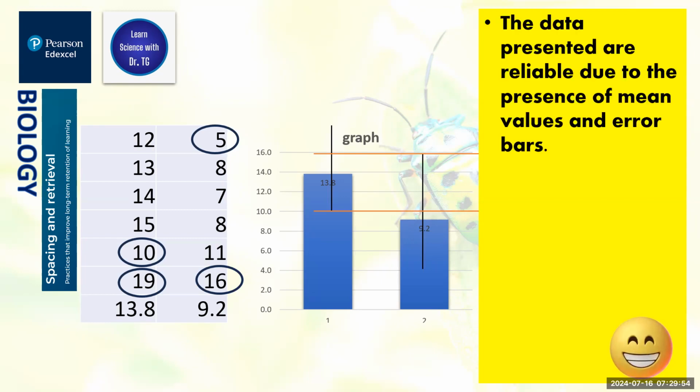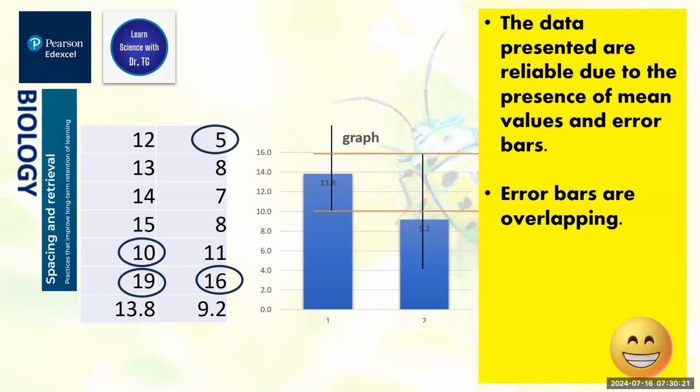Number 1, the data presented are reliable due to the presence of mean values and error bars. You should write in your answer exactly like this: the data presented are reliable because it has the mean value and the error bars. Then you write, error bars are overlapping. The second thing you have to write in statistics is that the error bars are overlapping.